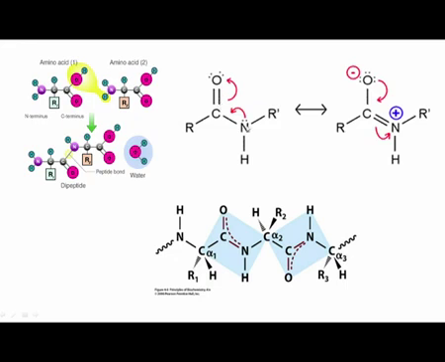This vacancy is being filled by the lone pair of electrons from nitrogen, as a result of which, in a quick transition, this oxygen assumes a partial negative charge, whereas between this carbon and nitrogen there is a formation of a partial double bond structure, a double bond character, which was otherwise a single bond.